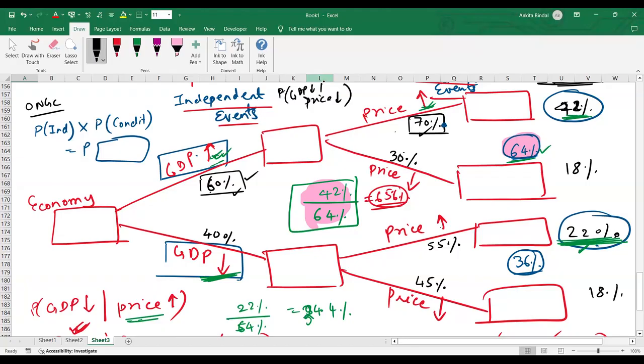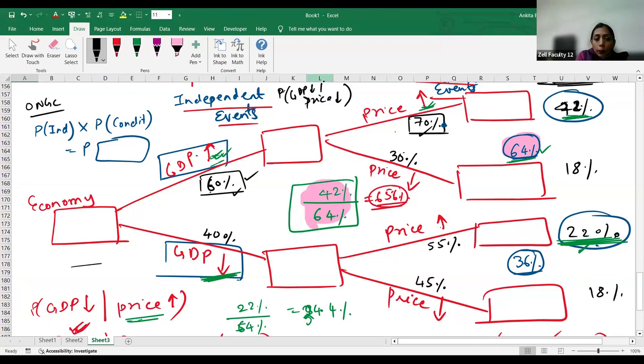Yeah, correct. So total probability of price decrease is 36%, out of which the contribution due to GDP decrease is 18%. So 18 divided by 36, when I do, I get 50%.